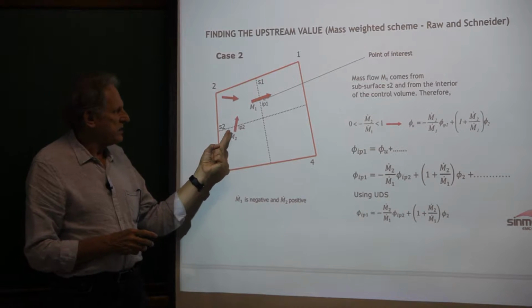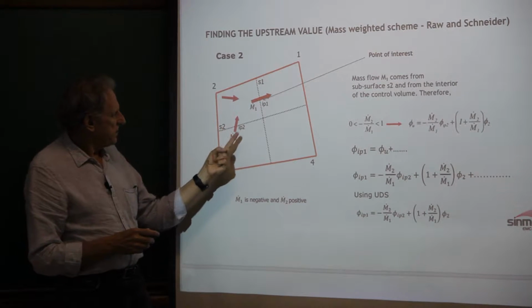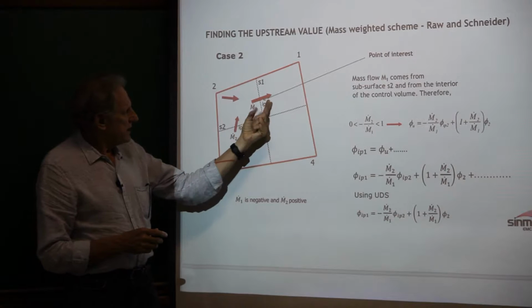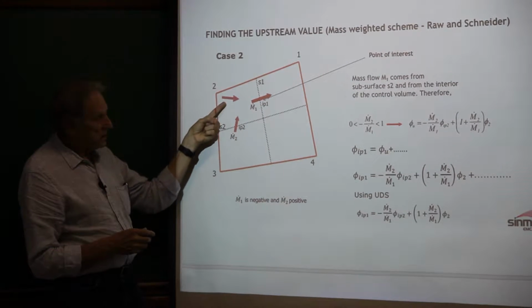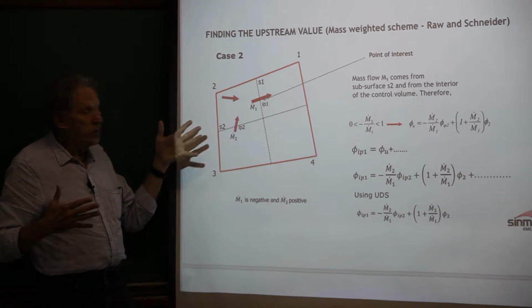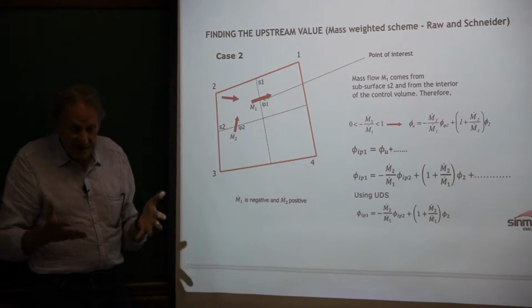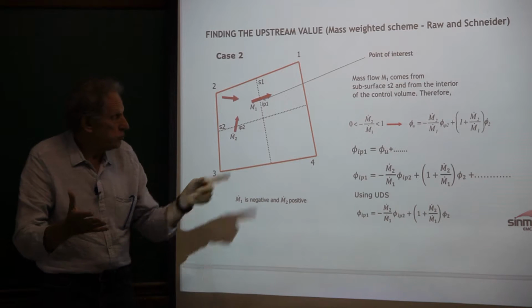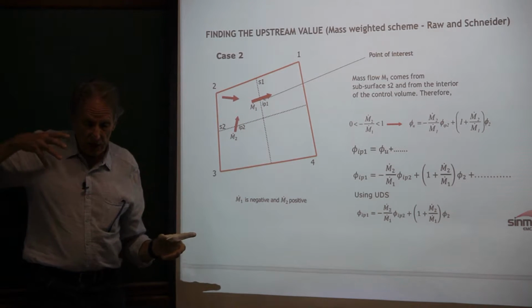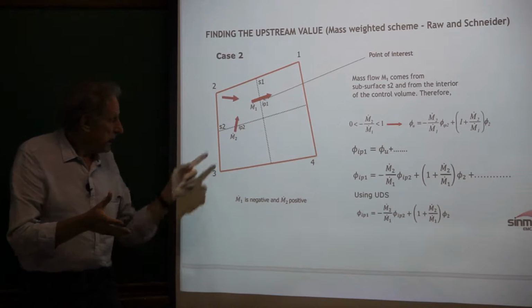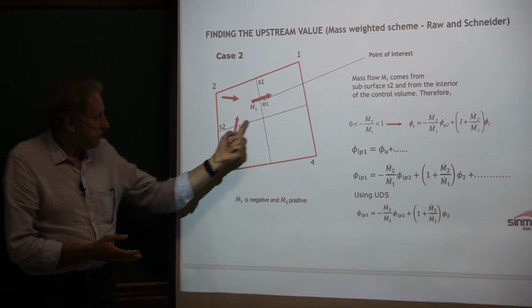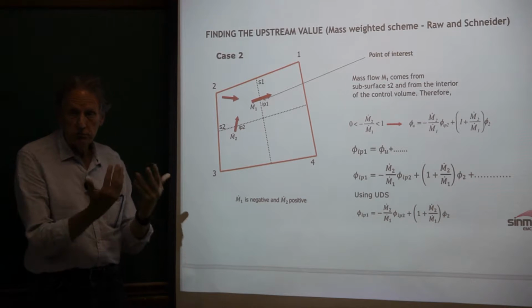Well, in this case, this mass flow is larger than that and than that, because who is giving the information to this point? Part of the information comes from the node 2, and part of the information comes from the integration point 2.